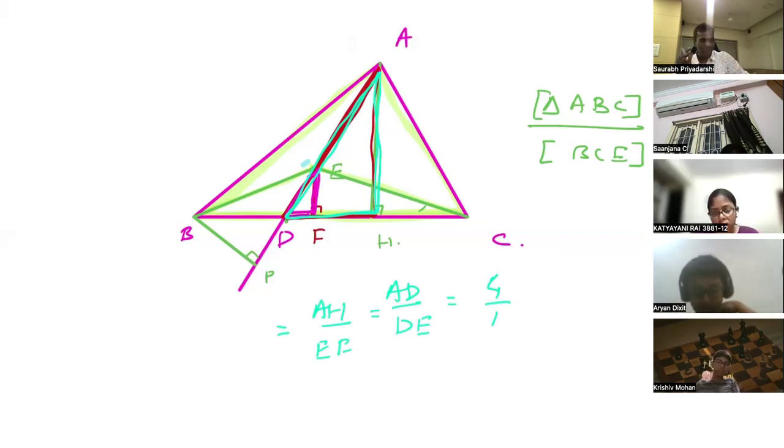See, geometry is not tough, but reaching some point takes time. We just have to do question after question, and then we will be able to see exactly what triangles we have to take and where we have to use this. This is not a straightforward method.